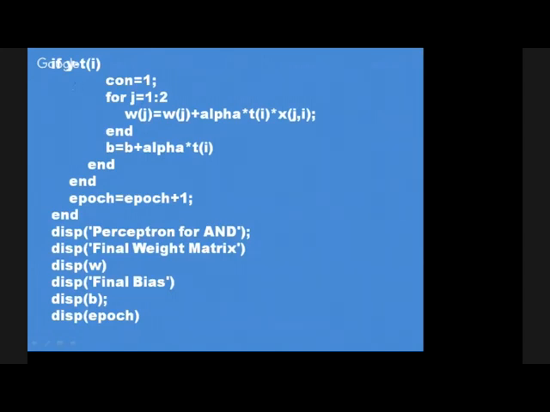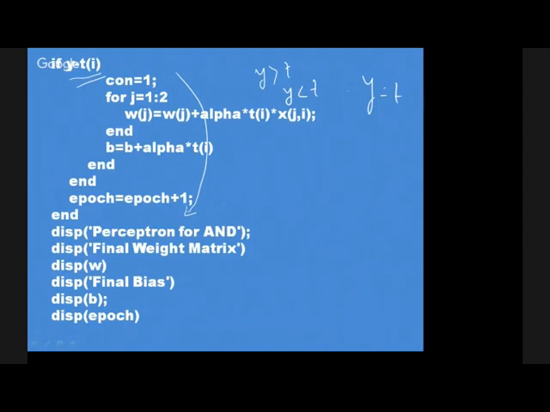Now if y minus ti, it says that if y is not equal to ti, that means if y is greater than t or y is less than t, both of these things will happen. That means in both cases, if y is equal to t, we know that there will be no weight adjustment. But if y is greater than t or y is less than t, in both cases there will be weight adjustment.